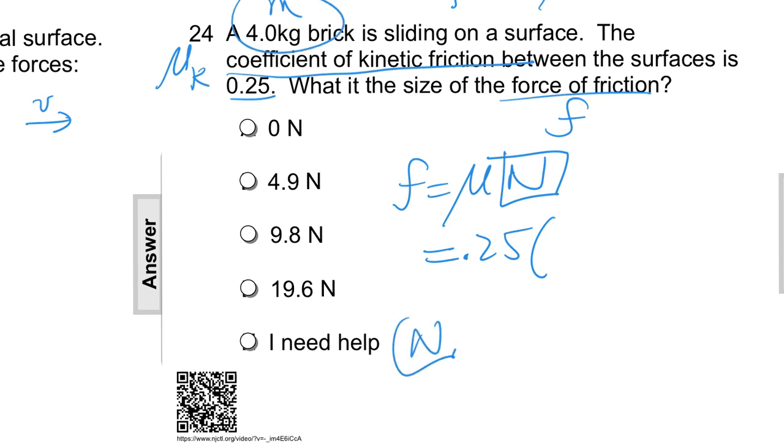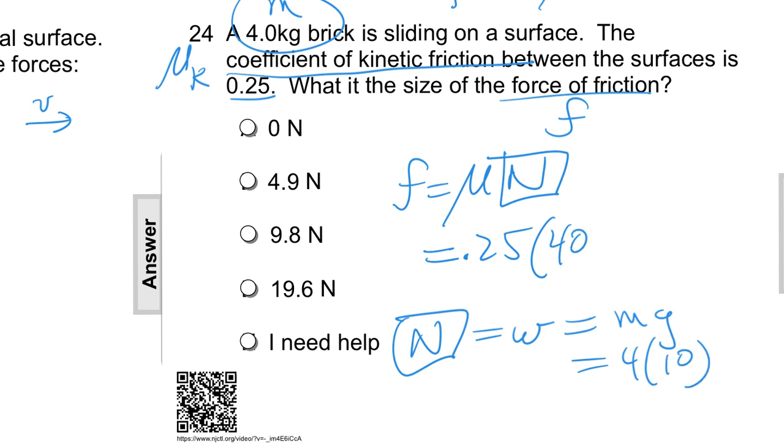In this case, N is equal to the weight, is equal to mg, is equal to 4 times 10. So that's 0.25 times 40. Okay, which is 10. And they use 9.8 instead of what we do for 10. So their answer comes out to 9.8.